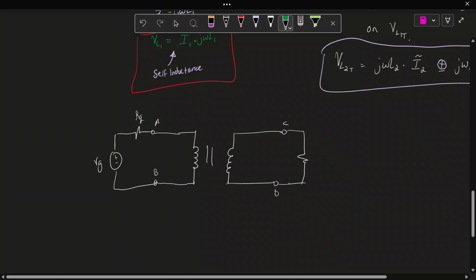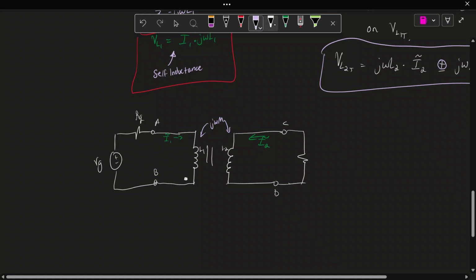Okay. Let's say again the current I2 is going right here, and I1 is going up here. And in our case, let's say the dot is down here. Let's say this dot, and this is L1 again, and this is L2. And we have our j omega M, our mutual inductance in the phasor domain, like here.